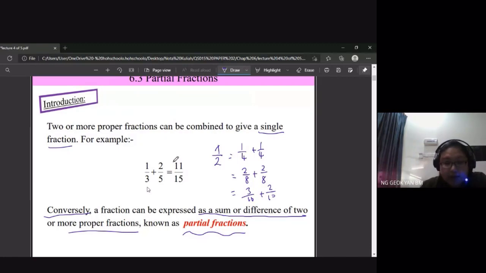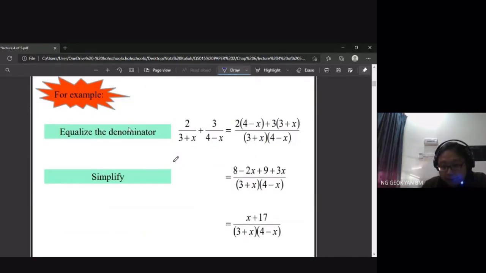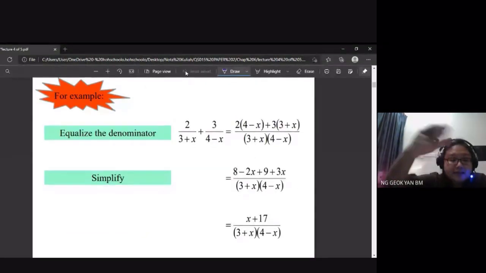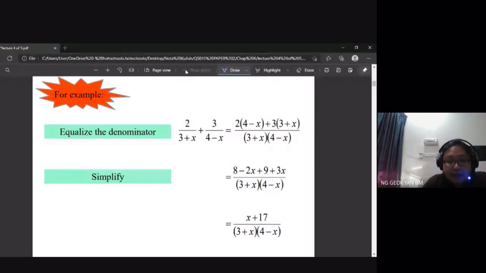Okay, so sekarang kita akan pergi contoh ini semasa melibatkan x, when it involves the polynomial variable x. Sebelah kiri ini biasa dia ada 2 pecahan separa. So kita akan buat apa? Kita selalu akan samakan pembawah, nama dia panggil equalize the denominator.